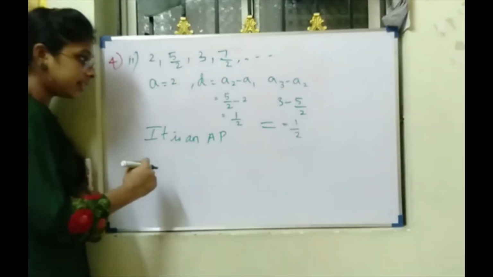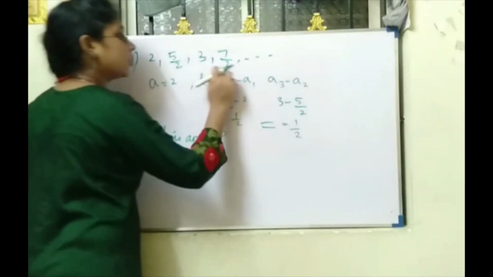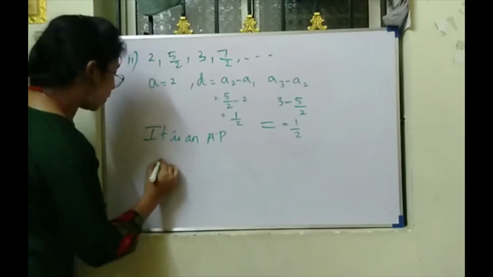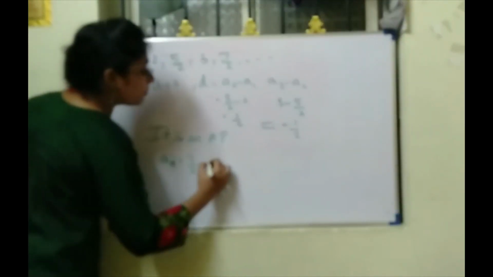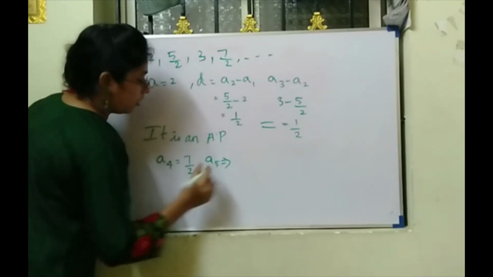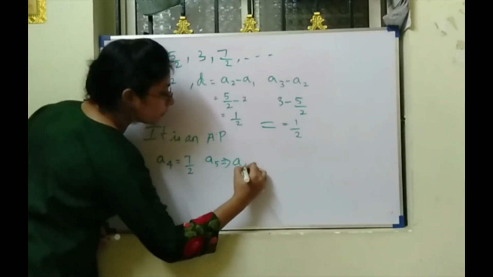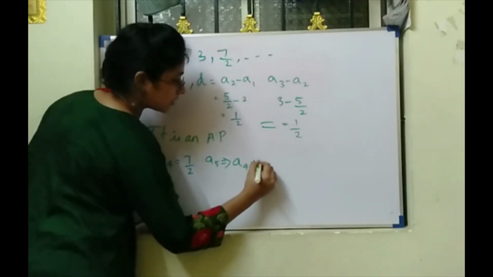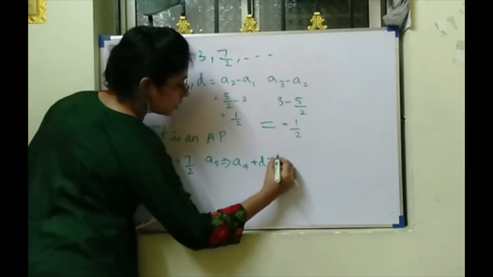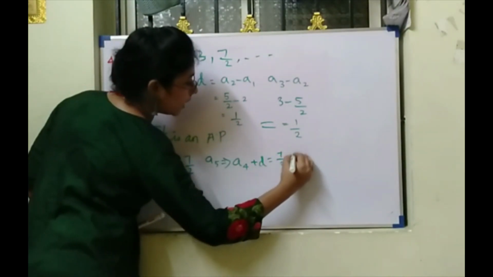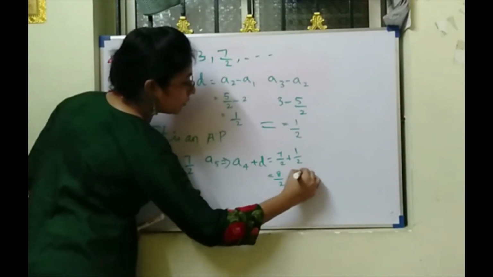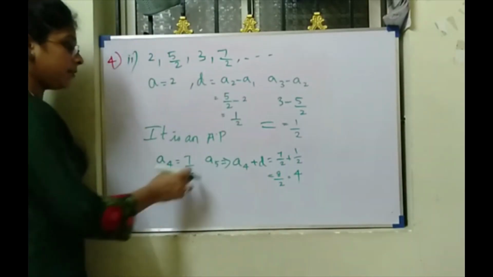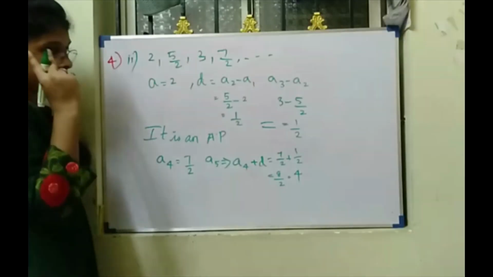How to find the next 3 terms of this AP? This is the fourth term, so A4 is 7 by 2. How to find A5? It is A4 plus the common difference D, which is 7 by 2 plus 1 by 2, which is 8 by 2, nothing but 4. We have found one term, so we have to find 2 more terms.